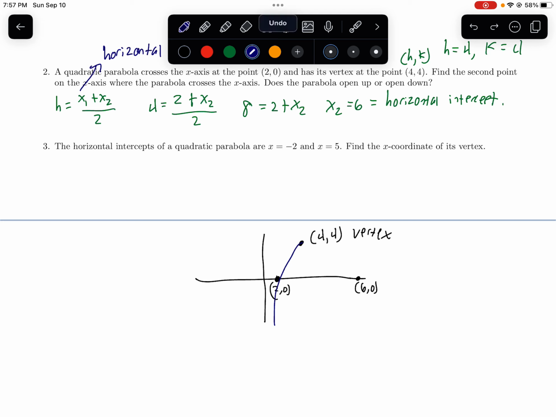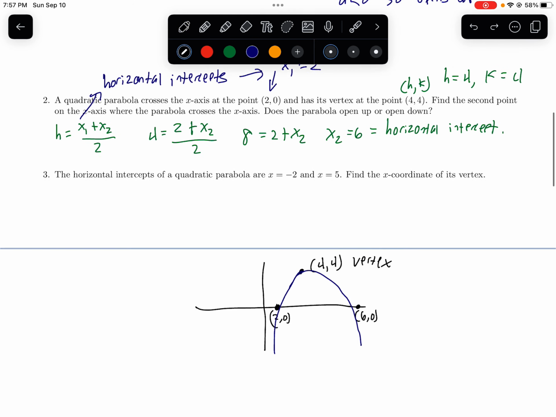Something like that, a little bit more curved. So the point is, it's not going to go up because it has 2 horizontal intercepts. It has to pass through the horizontal axis at those 2 points, so it has to open down.